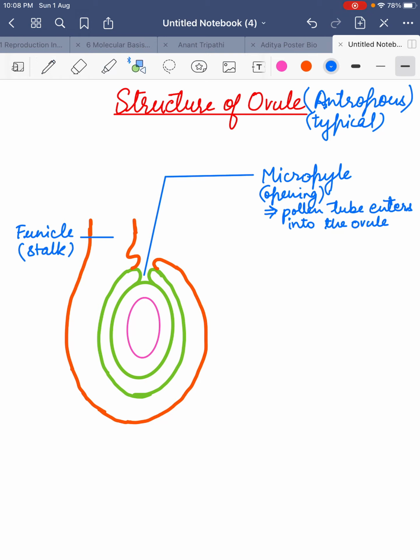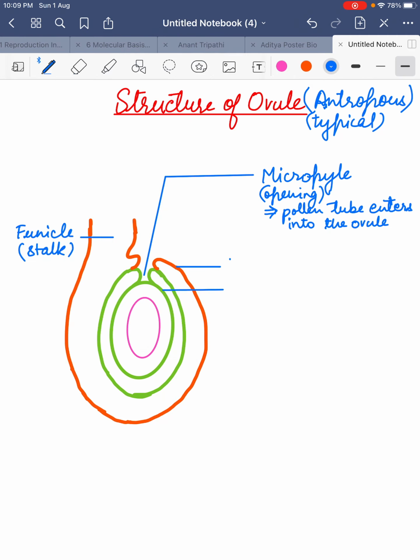Now we see that there are some layers here. The first layer, the outermost layer, is outer integument. By saying integument, we mean it is a covering, and internal to it there is inner integument.